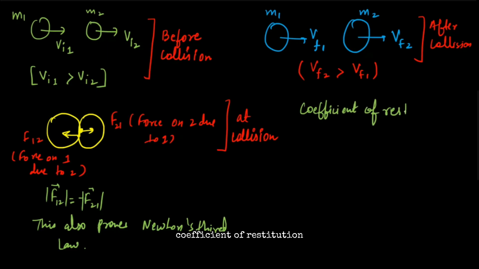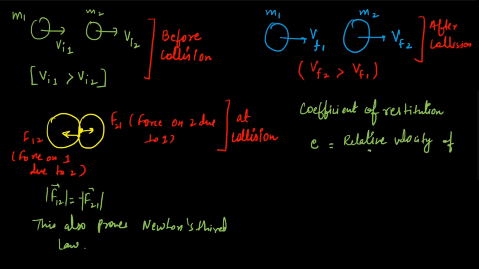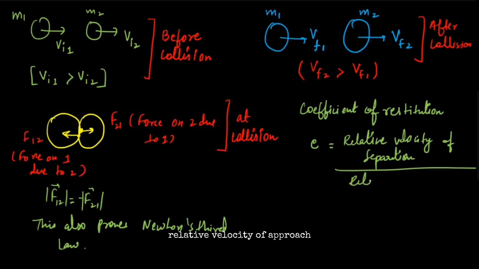Coefficient of restitution is defined by E. It is equal to the ratio of the relative velocity of separation over the relative velocity of approach.